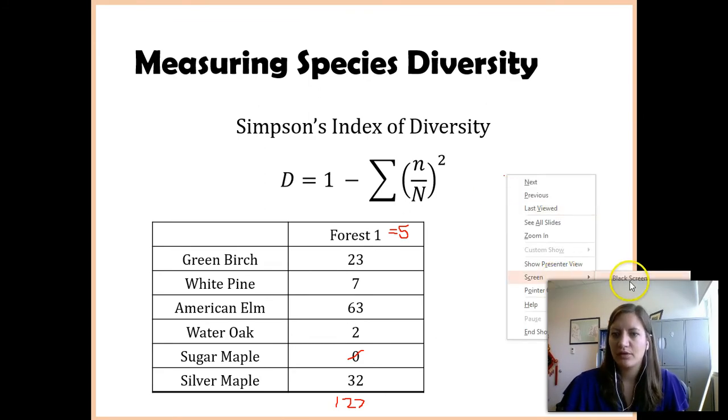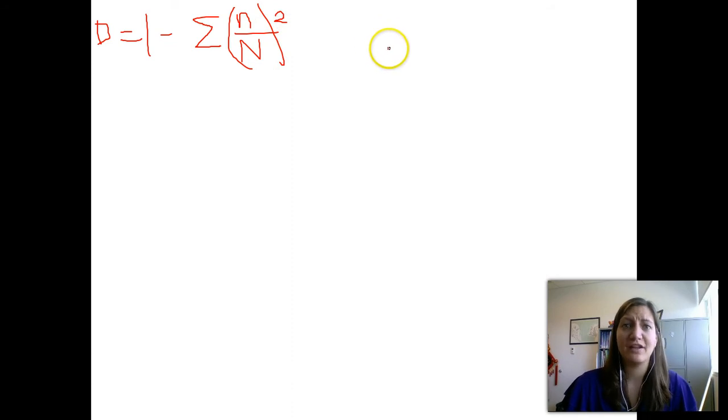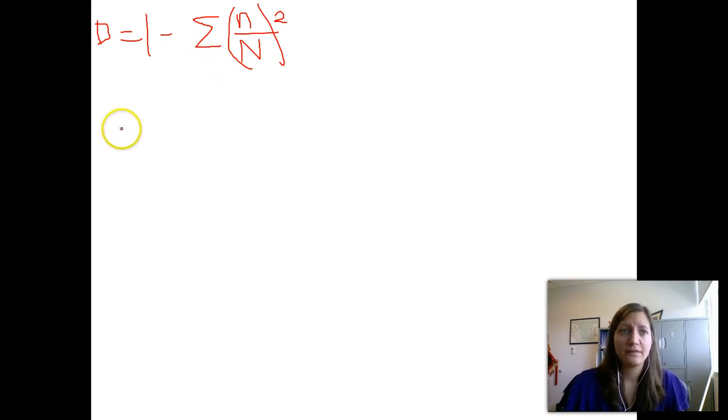And what I'm going to do is go to a new screen. So again, D equals 1 minus the sum of little n over big N, and this is squared. I apologize for the super bad handwriting. It is very hard to write on a mouse. So what does this equation look like? It'd be D equals 1 minus the sum. I'm not going to put the symbol in here anymore. I'm just going to go ahead and write out the sum of everything. So the sum of the first species, which we had 23, divided by our total, squared.